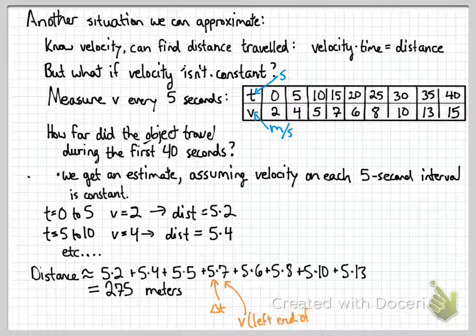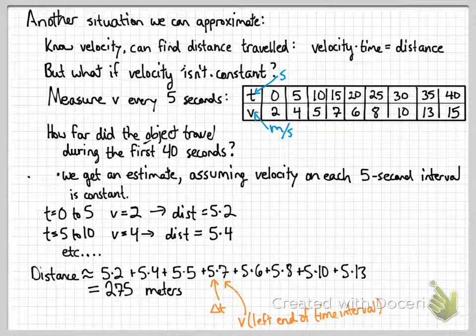Now what did we just do? Each of those 5s was a time interval, a delta t, and then the number it multiplied by was whatever velocity I had at the left-hand end of the time interval. From 5 to 10 seconds, I used the velocity at 5 seconds, which was 4 meters per second.